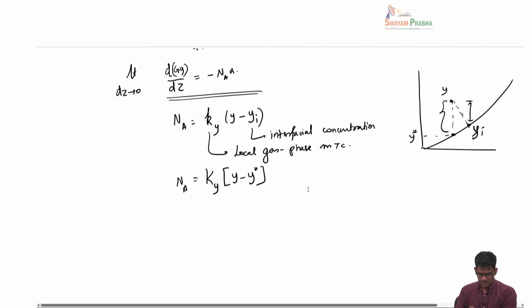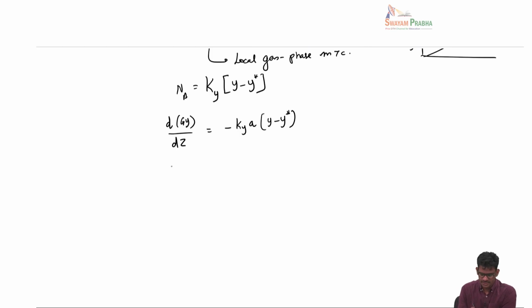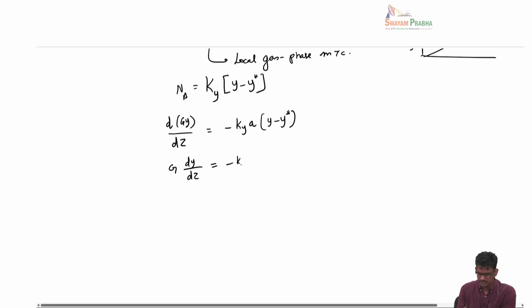All right. Now let's substitute that here. I already mentioned that the flow rates are so low that G can be kept constant, so I can take the G out of this integral and then separate the variables.